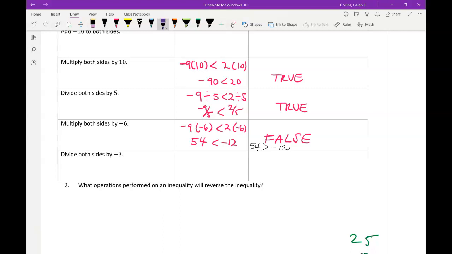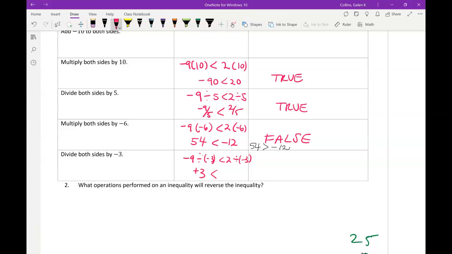All right, lastly, if we divide both sides by -3, so -9 divided by -3 is less than 2 divided by -3. Let's see, -9 divided by -3 is +3.